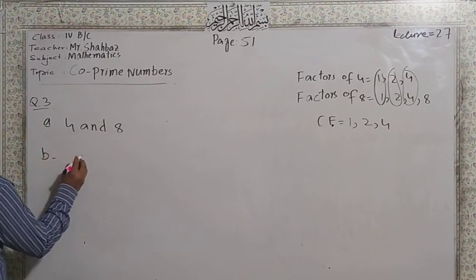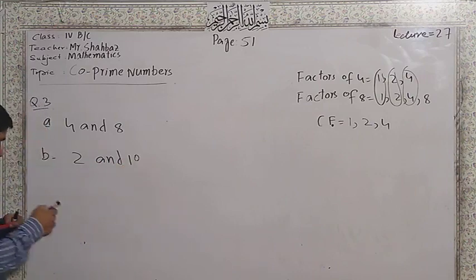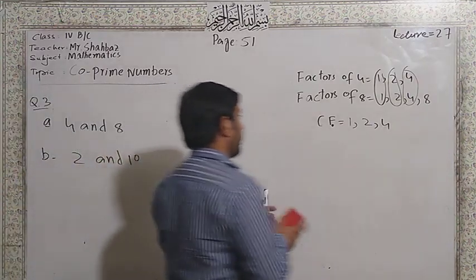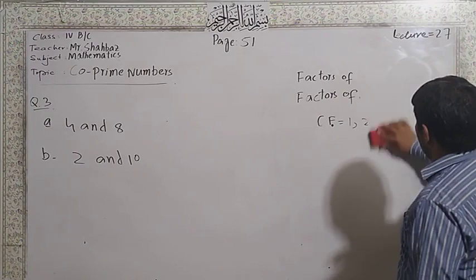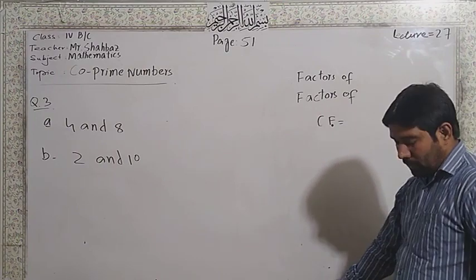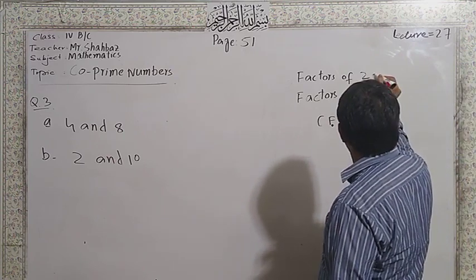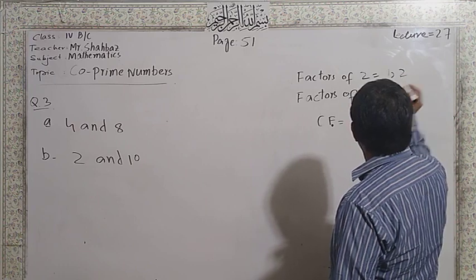Okay. Next you have B, 2 and 10. You have to check there. Factors of 2: 1, 2.